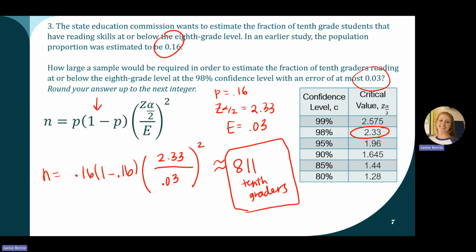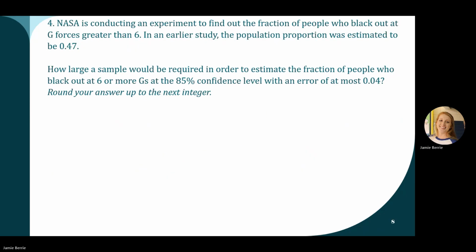All right, and then our last problem. NASA is conducting an experiment to find out the fraction or the proportion of people who black out at G-forces greater than 6. In an earlier study, the population proportion was estimated to be 0.47.